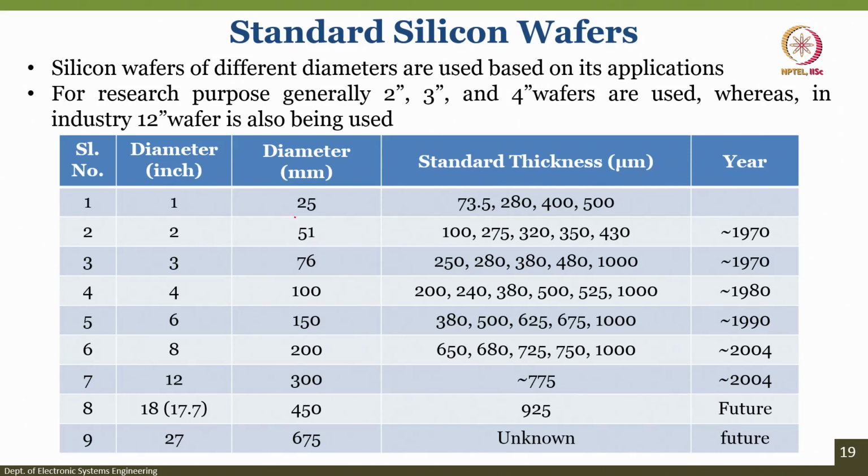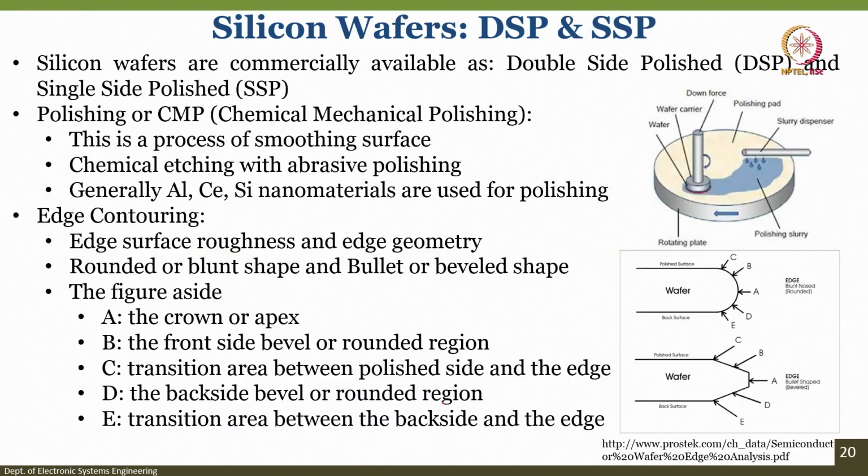You can see the wafer which is 25 millimeter in diameter would have a thickness somewhere around this, while 51 millimeter, 76, 100 millimeter, 150, 200, 300 millimeter, 450 millimeter have diameters which are increasing in size. So, with the diameter increase, the thickness increases correspondingly. And we have much bigger wafers now compared to what is given in the table.